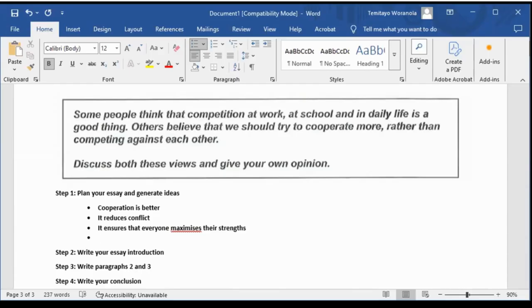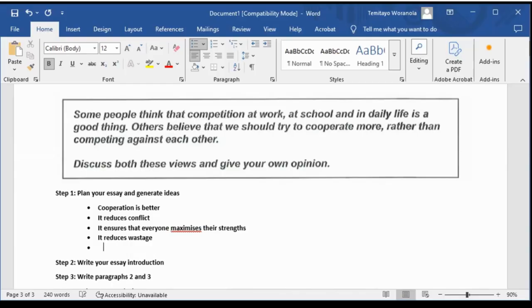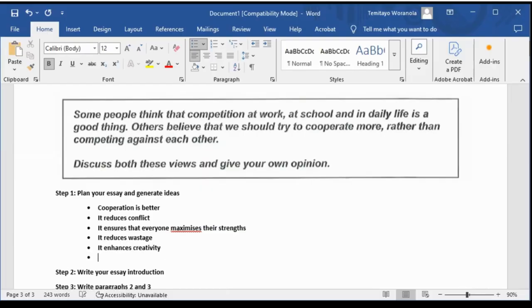Number 3 is that it reduces wastage. It helps to minimize waste of time and waste of resources. Number 4 thing, I'm coming up with new ideas. When I say generate ideas, I'm coming up with my ideas first. It enhances creativity. Another thing, this one is connected to the issue of conflicts.